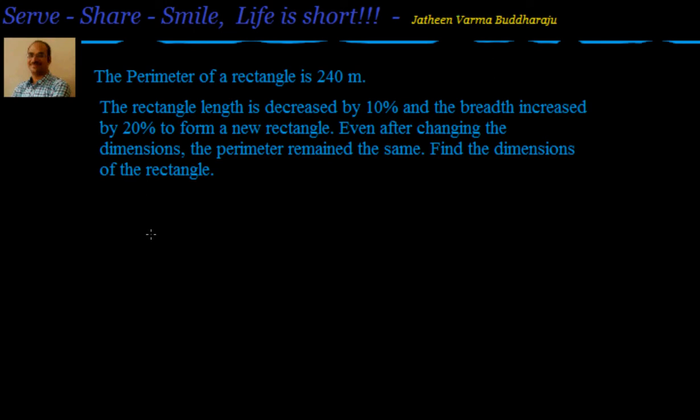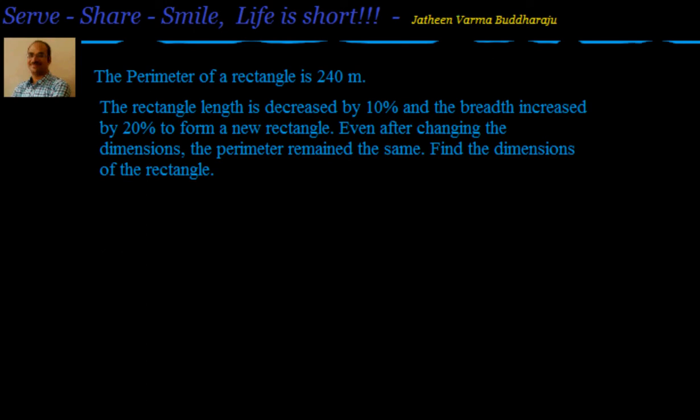So let's go ahead with the steps. What's our approach? First, we say perimeter equals 2 into (L plus B). From that, I can find the relation between length and breadth.